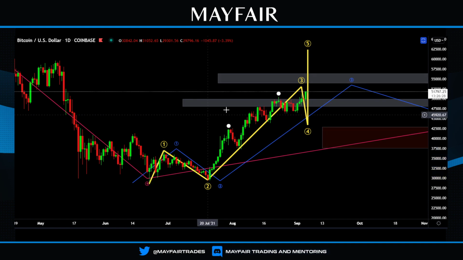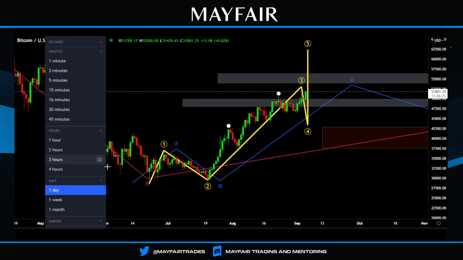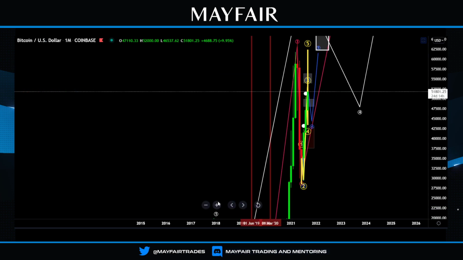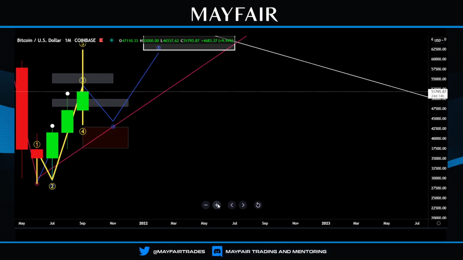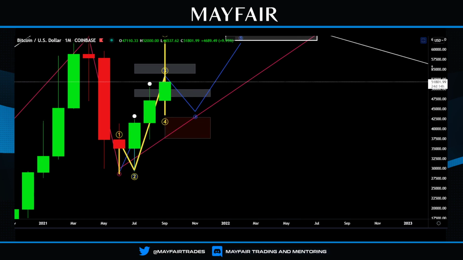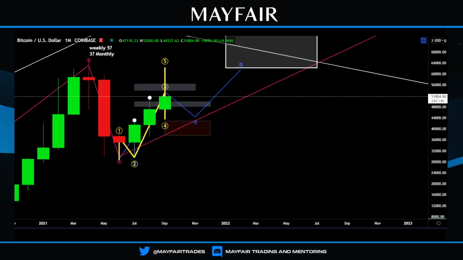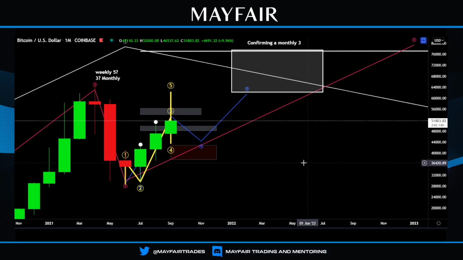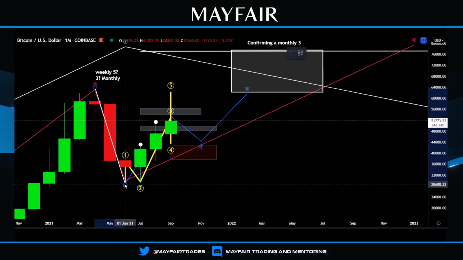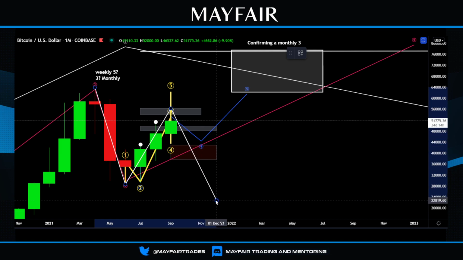So let's switch now from bullish to bearish, and I'll jump out to the monthly time frame, which is actually what I think right now we could also be in. Now, the reason that I think this is still an option, still on the table, although I don't like the weekly being the 5 and the monthly already confirming the 3, is that if the monthly 3 is in, then what I would now anticipate is a move that looks like this: a 0 to an A up for a B, and a B down for a C. Right?